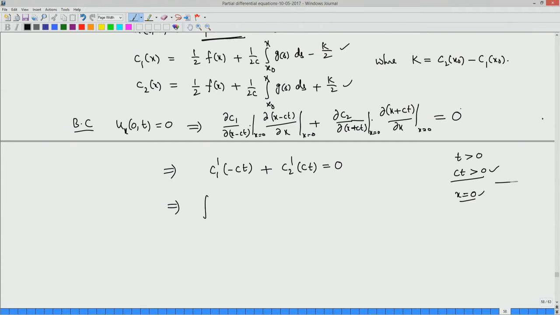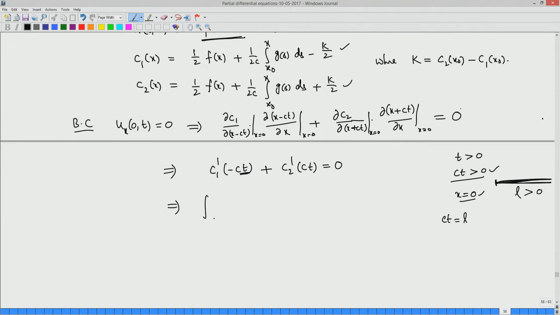You have a domain from 0 to infinity, so this is only taking positive values. C1 of minus Ct, Ct is positive. You can think of Ct as L, so this L is always positive including 0.